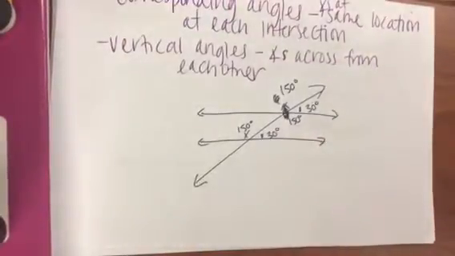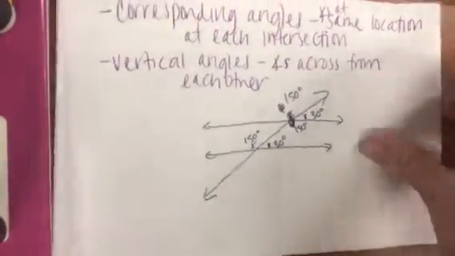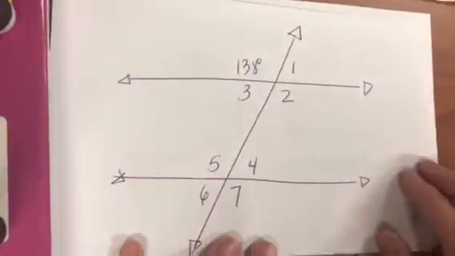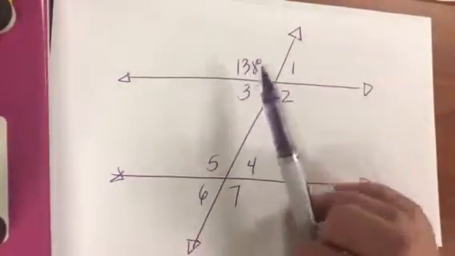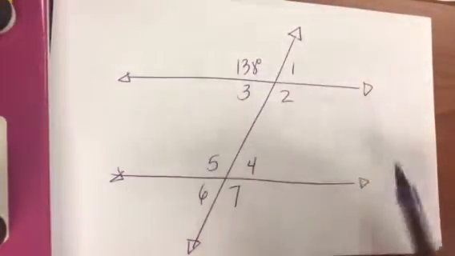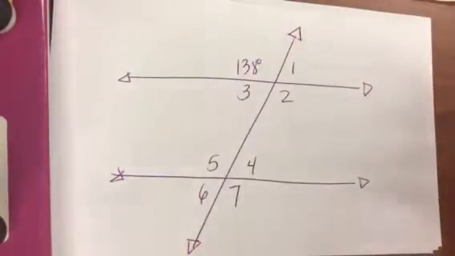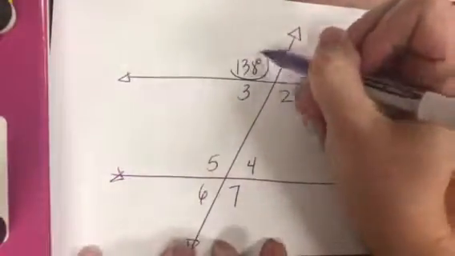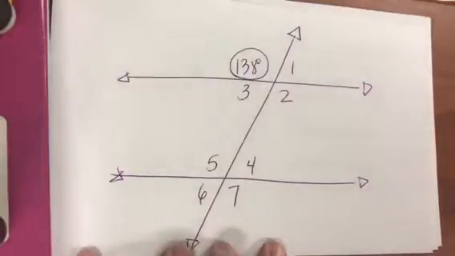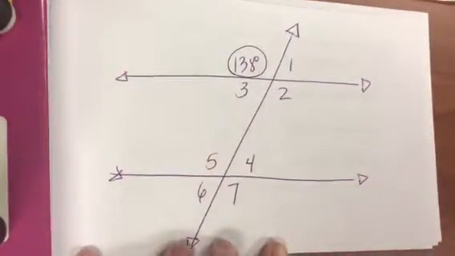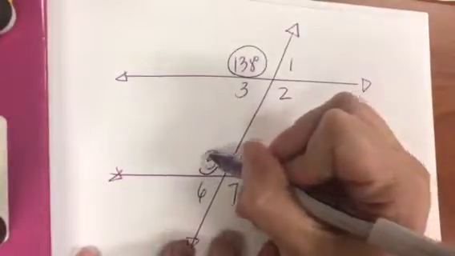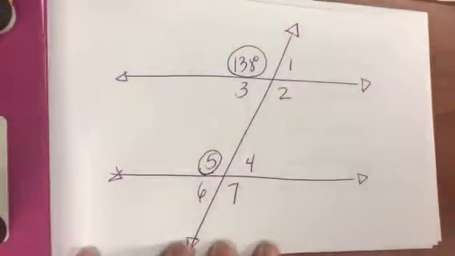So let's talk about these and what they all mean. If I have this, we know that one angle is 138. The first thing we're going to look at is what other angles in this are going to equal that 138. Which two types of angles are the same? The corresponding, which we said was going to be the 5. And then the vertical angle.